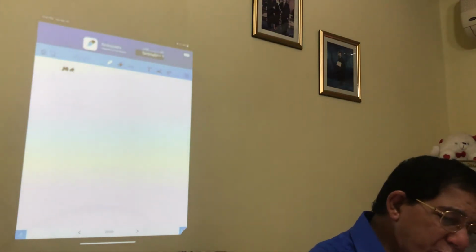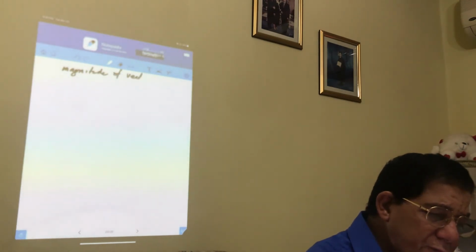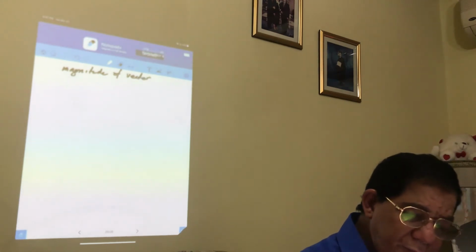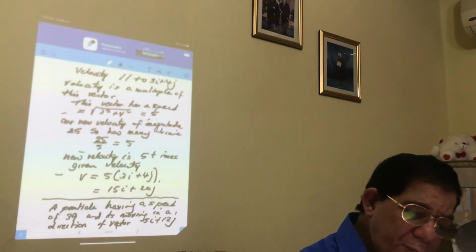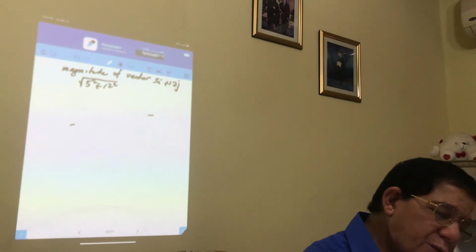What is the magnitude of the vector 5i plus 12j? The magnitude is the square root of 5 squared plus 12 squared, which is 13.